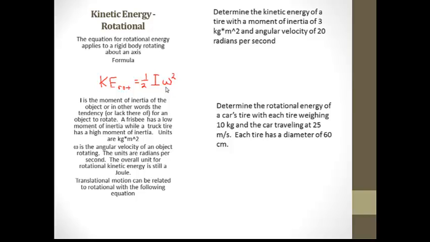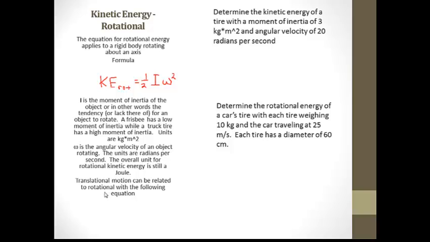Omega is measured in radians per second, the rotational unit, and the units for moment of inertia are kilogram meter squared. Overall, though, you still have the same unit for energy, a joule.